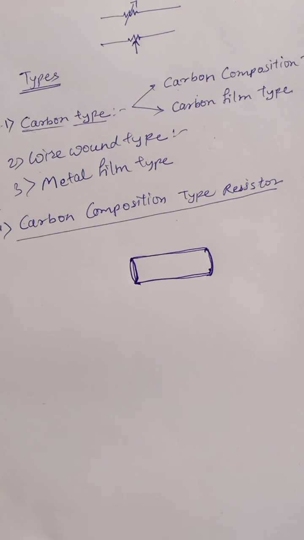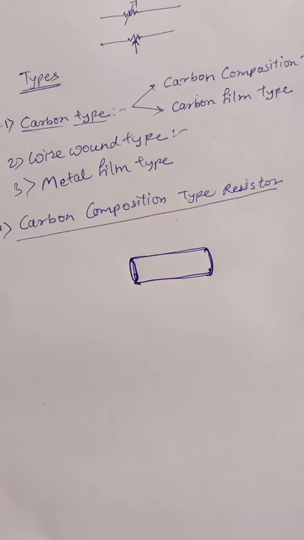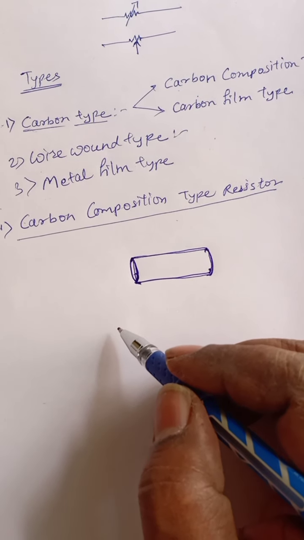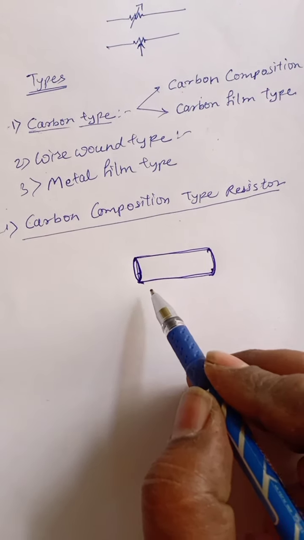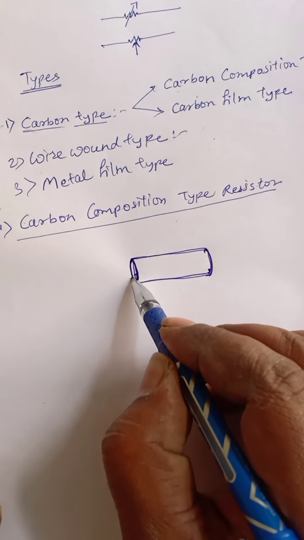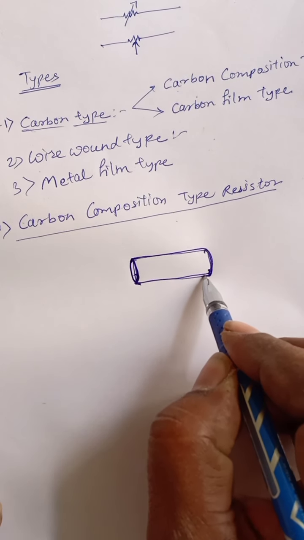The carbon granules are mixed with a binding material like glue, and this structure is formed by the mixture of the carbon granules and the binding material.